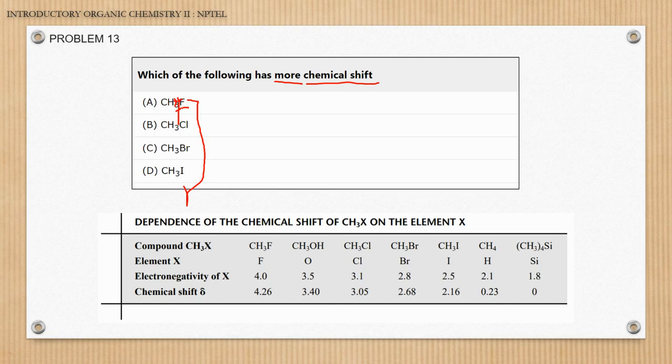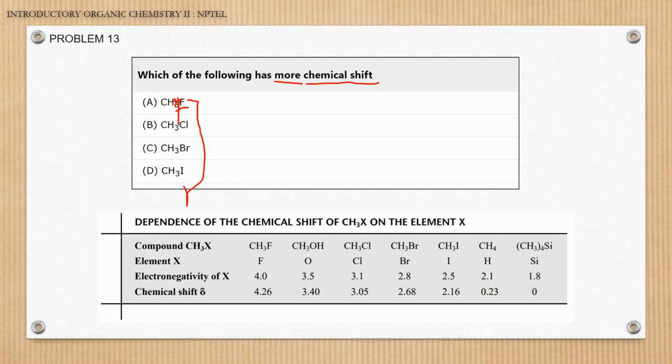Because of the electronegativity of fluorine, it takes electron density from the adjacent carbon, and that is why this particular hydrogen becomes much more electron deficient. That is why it will go more downfield rather than upfield. So the chemical shift value will increase for those protons which are electron deficient in nature.